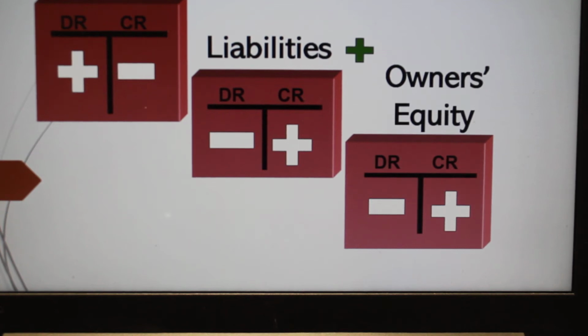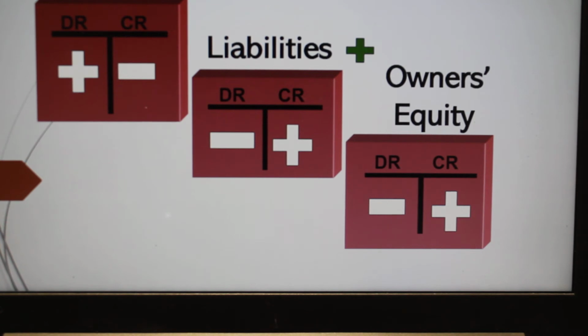Now, why do these accounts behave in this way? If you buy an asset, the asset comes into the business, which increases. Say, for example, you buy a car or you buy a building. It comes into the business as an asset.